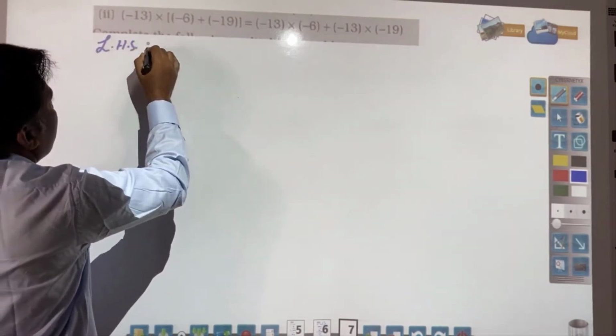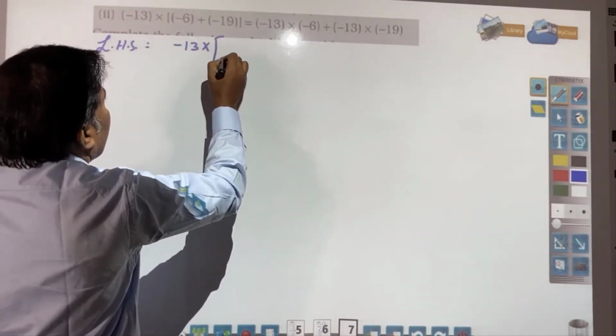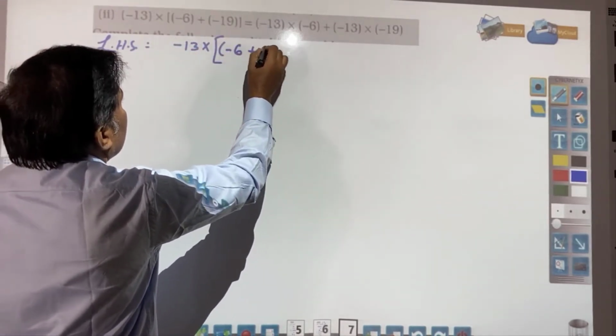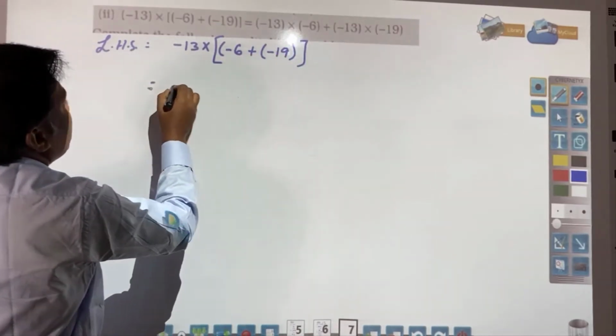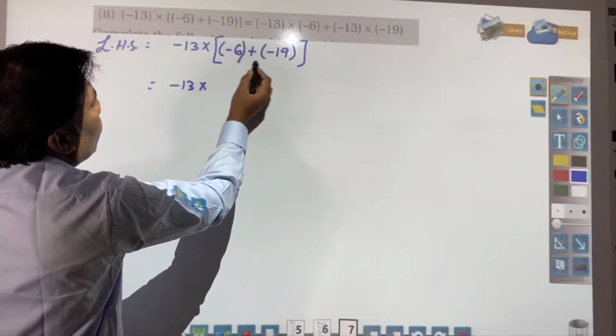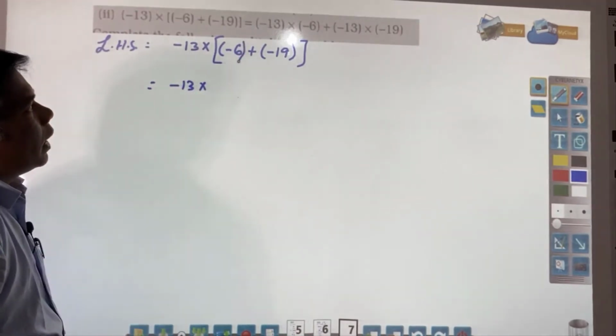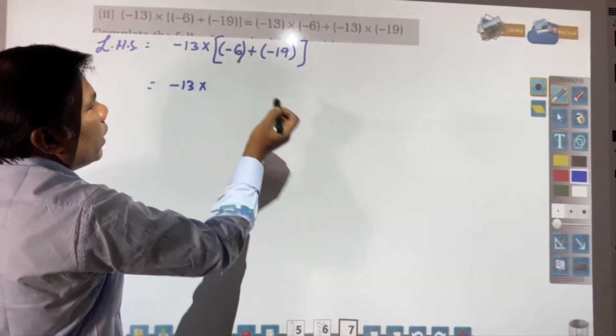Suppose we have minus 13 into minus 6 plus minus 19, and you solve this. Minus 13 into, here you see, if two negative integers are there and are required to be added, simply you add, sign will be negative.